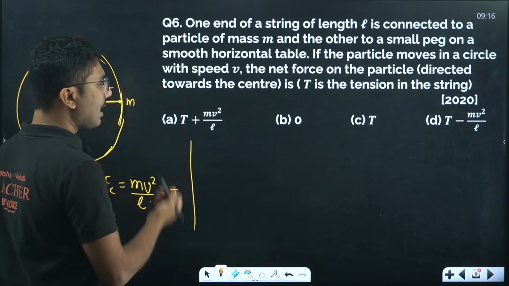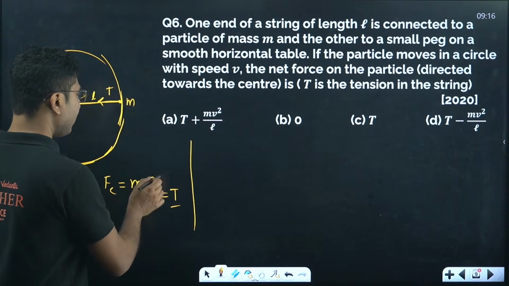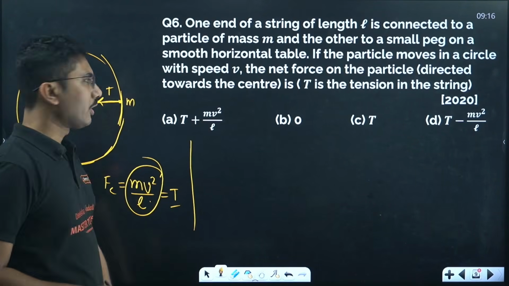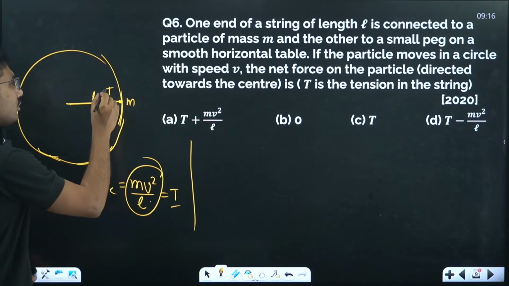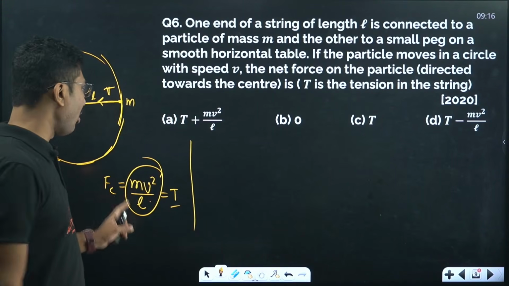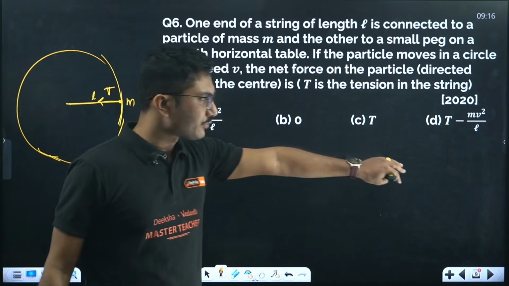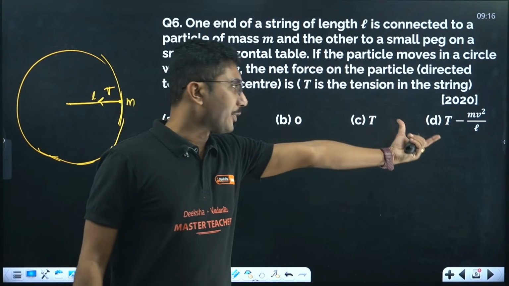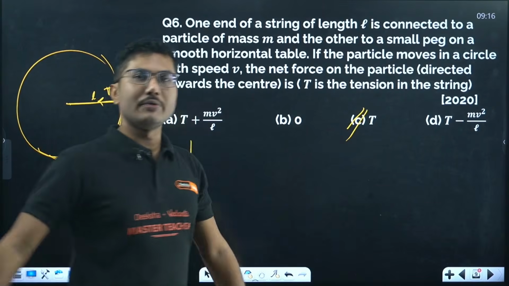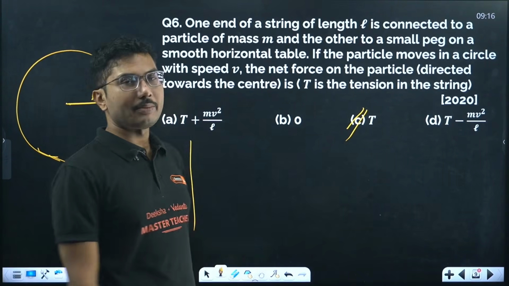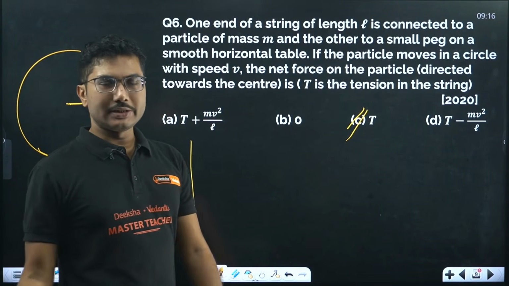So either the answer will be T or it will be mv square by L. The force towards the center is either T or mv square by L. Neither subtraction, neither addition, nor 0. Here tension is given, so I will mark tension. If only mv square by L is given, mv square by L is also correct.